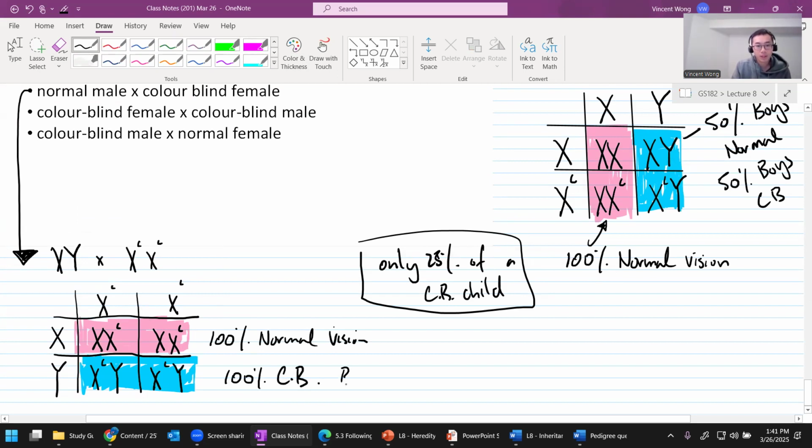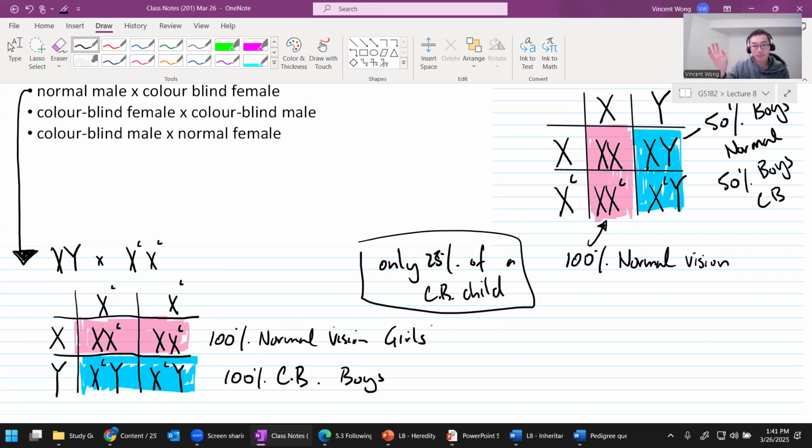Okay, boys, girls. So you have to understand that for X-linked conditions, the boys always inherit it from the mother. The father can never pass on an X-linked recessive condition to the boys. They can pass it to the girls, but they cannot pass it to the boys.